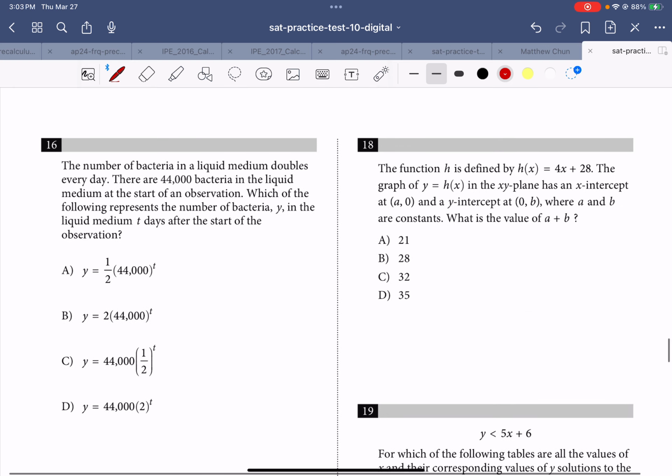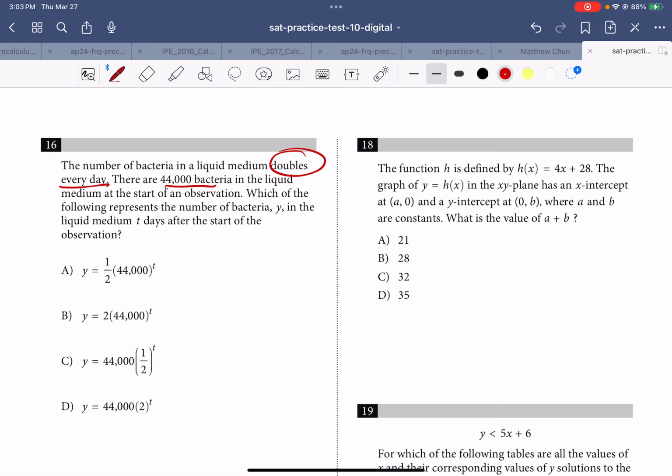Number 16, the number of bacteria in a liquid medium doubles every day. There were 44,000 bacteria in the liquid medium at the start of the observation. Initially 44,000 bacteria. Which of the following represents the number of bacteria y in the liquid medium t days after the start of the observation? Okay, so it doubles every day.